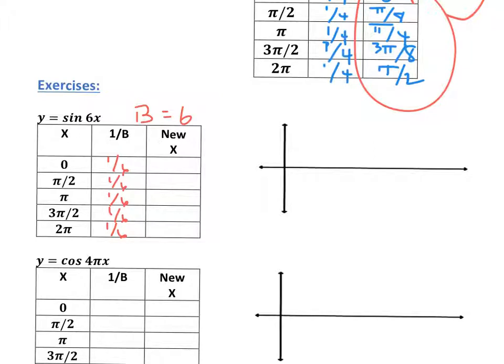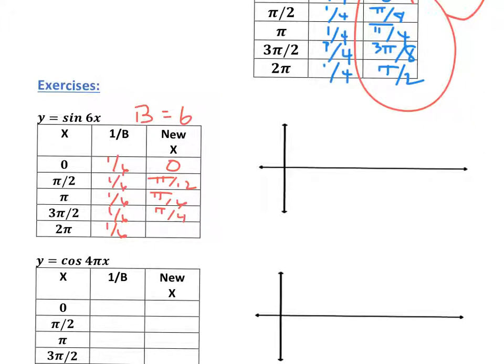So going through this, 0 times 1/6 is 0, because 0 times anything is 0. Pi over 2 times 1/6 is pi over 12. Pi times 1/6, pi over 6. 3 pi over 2 times 1/6 is pi over 4.